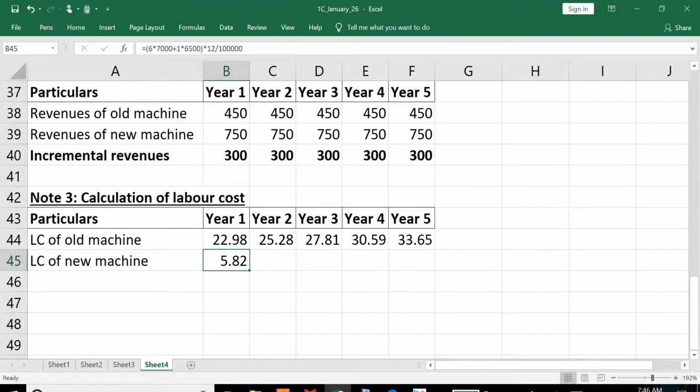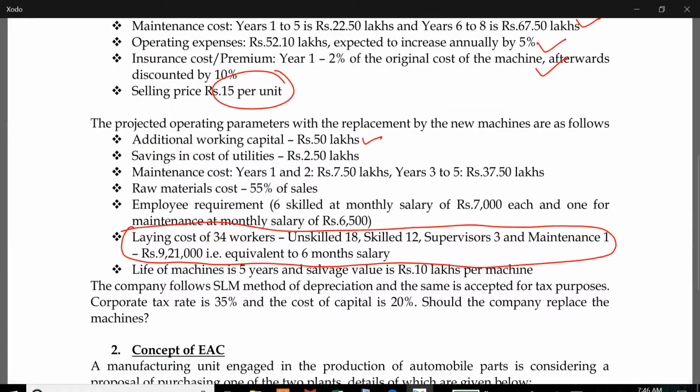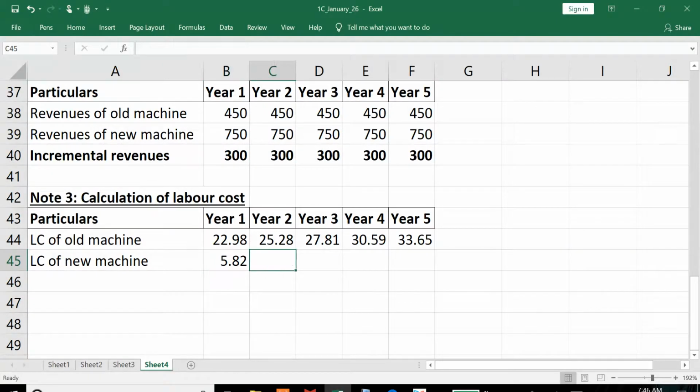Clear? Okay, listen now. For the new machine, they have not explicitly mentioned that there is inflation, but it's implied that if there is inflation for the labor in the case of the existing machine, these people's wages will also increase by 10% year on year.